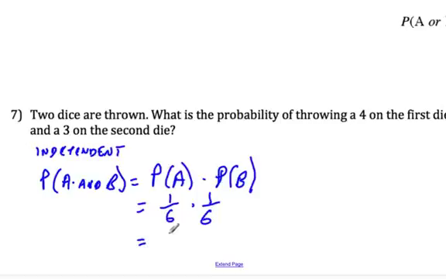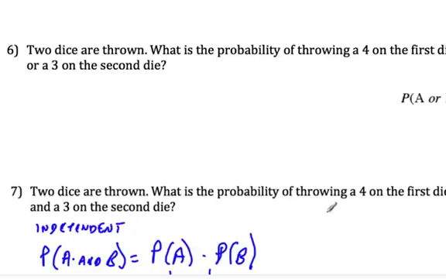And that probability is 1 in 36. And this makes sense because if you remember doing the grid where we had 36 possible outcomes, only one of them was a 4 on the first die and a 3 on the second die.